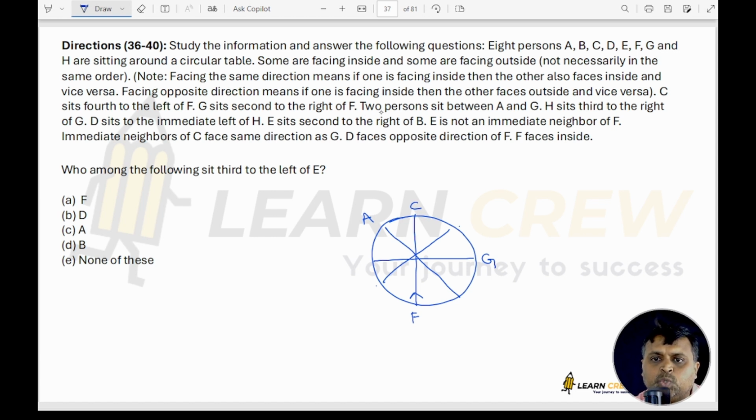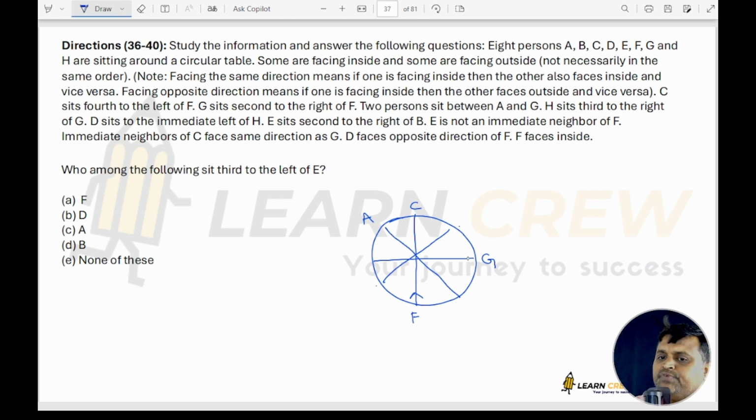2 persons sit between A and G. Right? H sits third to the right of G. H sits third to the right of G means if G is facing inside, first right, second right, third right, not possible.